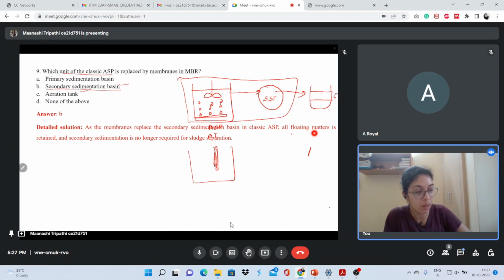Liquid would flow above and the sludge would settle down. What is happening in the membrane? All the flow is passing through this membrane. All the sludge remains here and the clean water goes out. So there is no need for a secondary sedimentation tank. Also, the quality of the water is better than the conventional ASP. So the treatment unit removed is the secondary sedimentation tank.